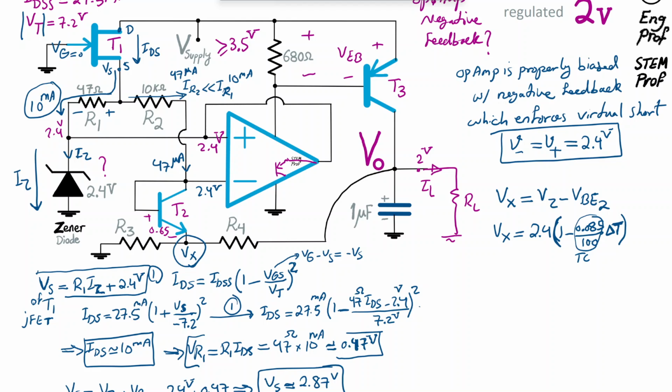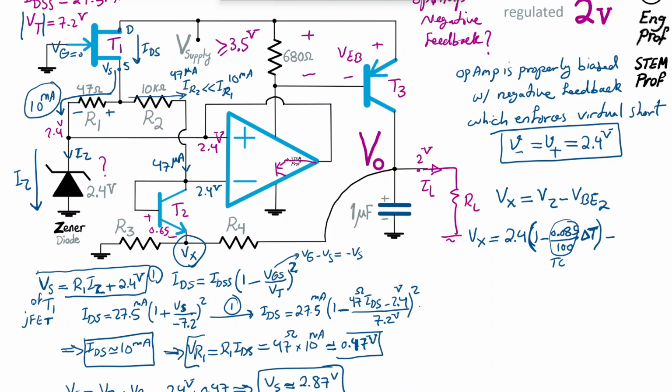Now, what about the base emitter voltage for this transistor? Well, the same thing. The nominal base emitter voltage for T2 at this current level, at 47 microamps, so we need to properly select T2 because it's very low current, just a low current average NPN transistor.